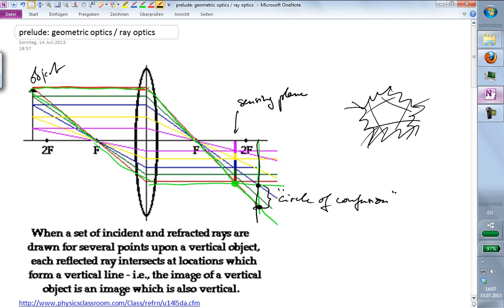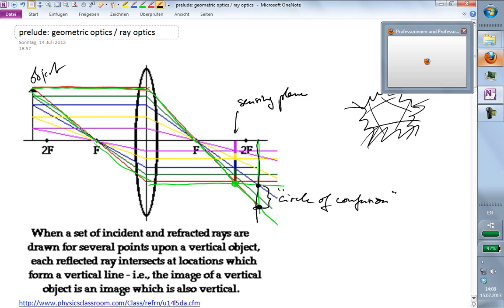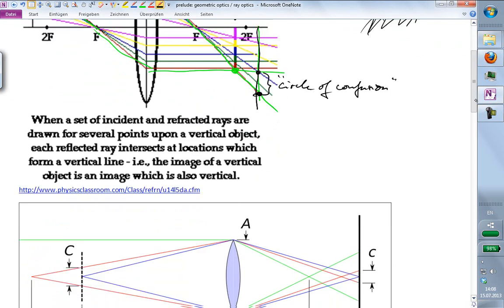And I'll show you a picture later on. So things eventually go out of focus, and how far they go out of focus depends on the size of the aperture.